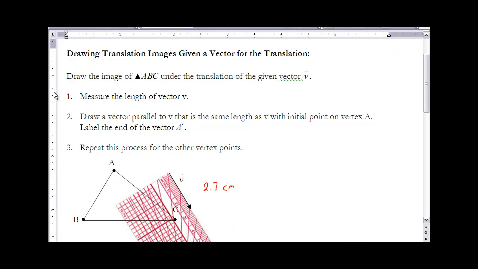Next, I'd like to look at how we can draw translation images using a vector for translation. I have some steps in your notes if you want to follow along. If I'm going to translate triangle ABC using the vector V, which I have a picture of down here, the first thing I need to do is measure the length of that vector.